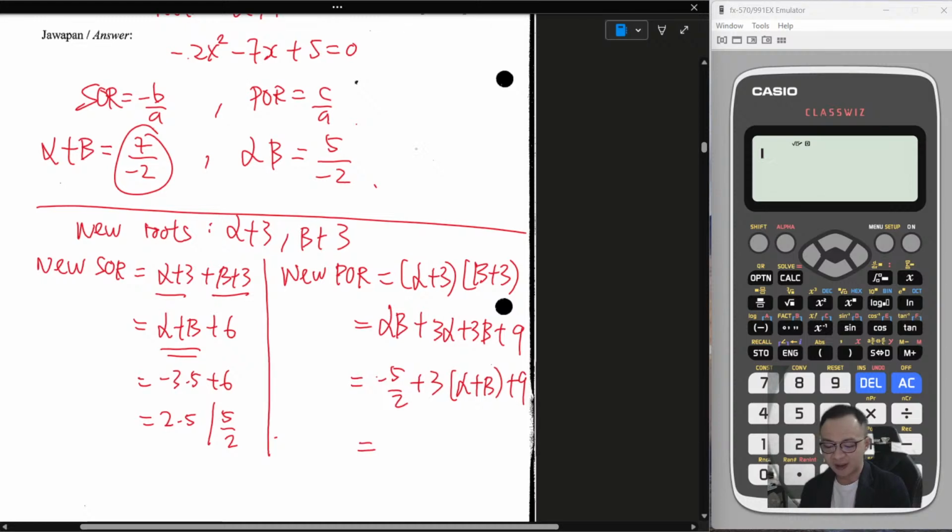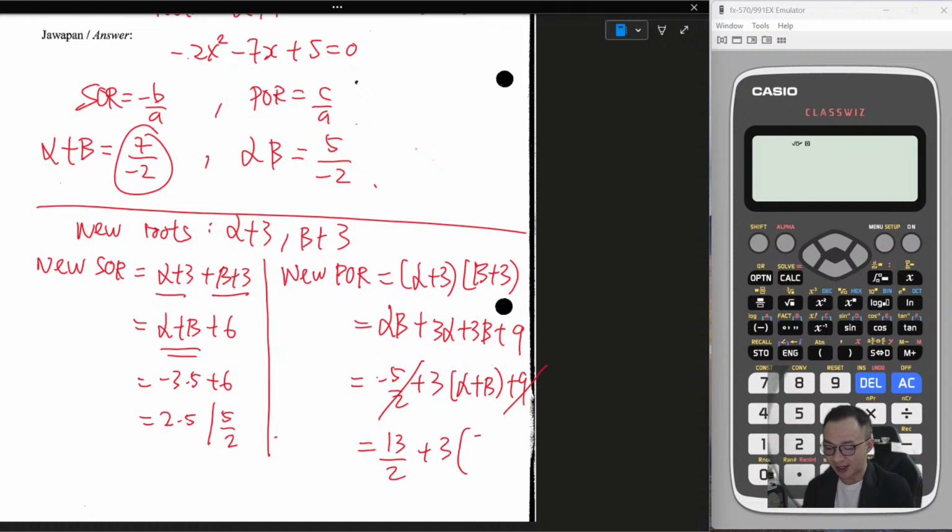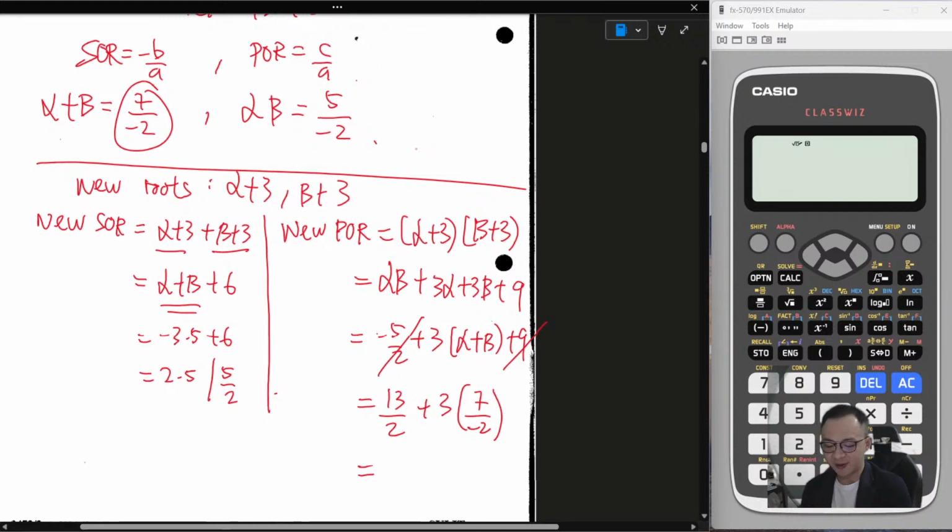Okay, so 9 will be 18. 18 is 13 over 2. Plus 3 alpha beta is 7 over negative 2. Okay, so this one is 13 minus 21. Negative 8 over 2, so it's negative 4.